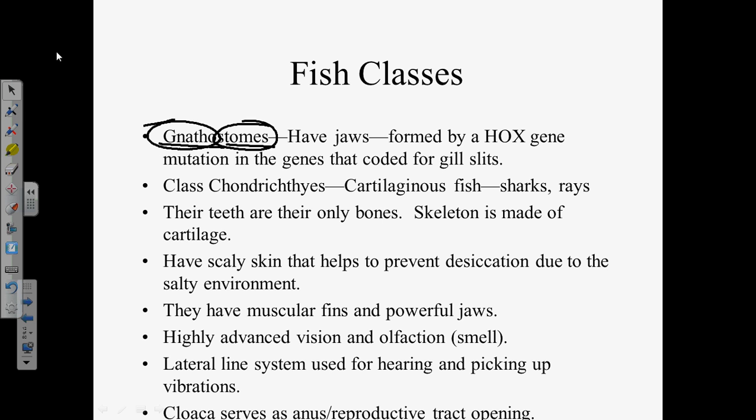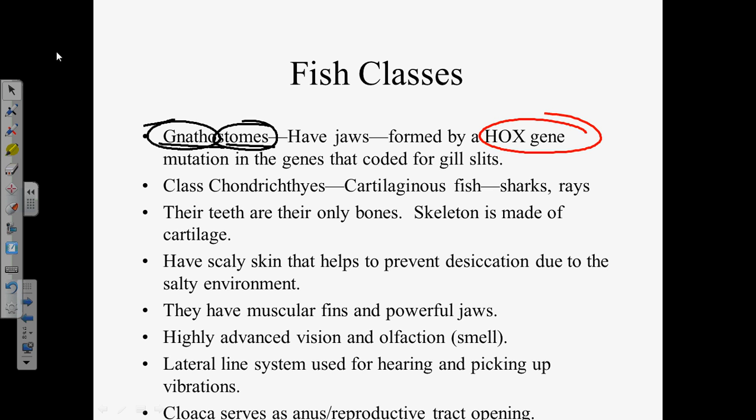There's this set of genes in your body that we haven't really talked much about. I don't know if we've ever mentioned those genes before. All animals have this set of genes called the Hox genes, H-O-X. And these genes basically code for your body's shape and structure, where things are at and how they're made.